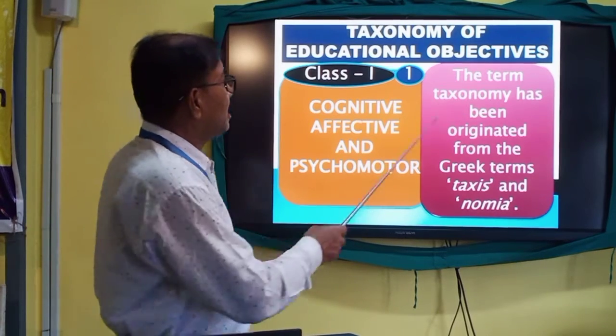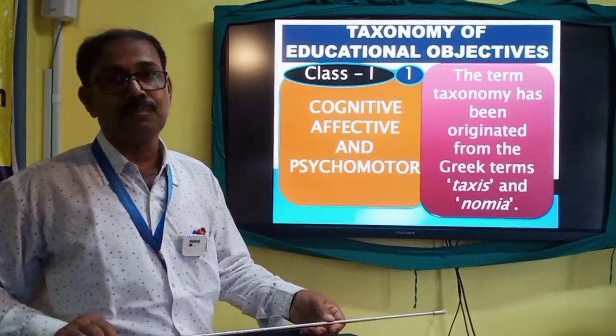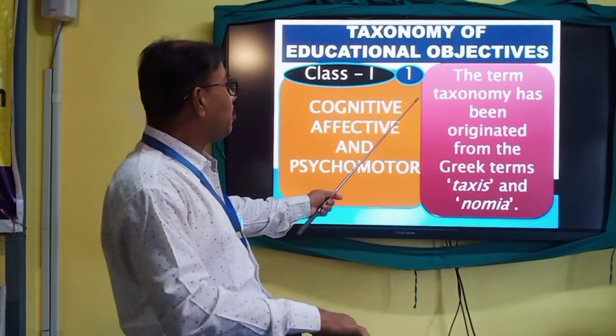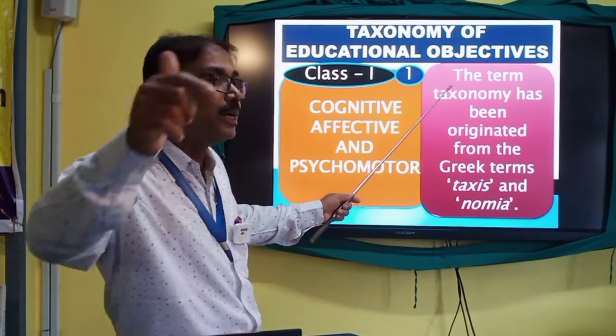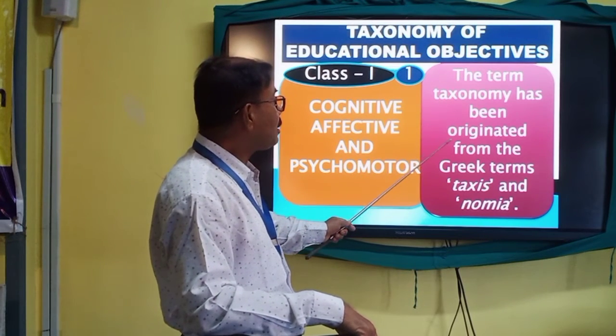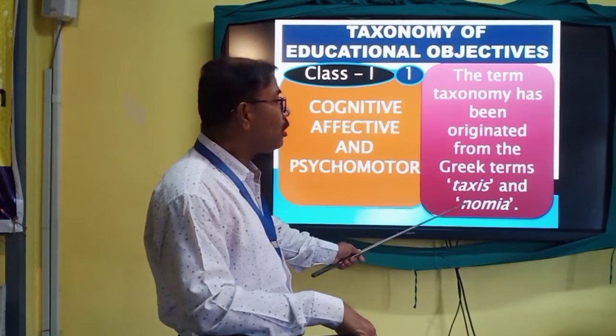Let us see the term taxonomy. First of all, we are to know it so well. This term, which is to be well understood by all who are involved in the sector of education, has originated from the Greek terms taxis and nomia.